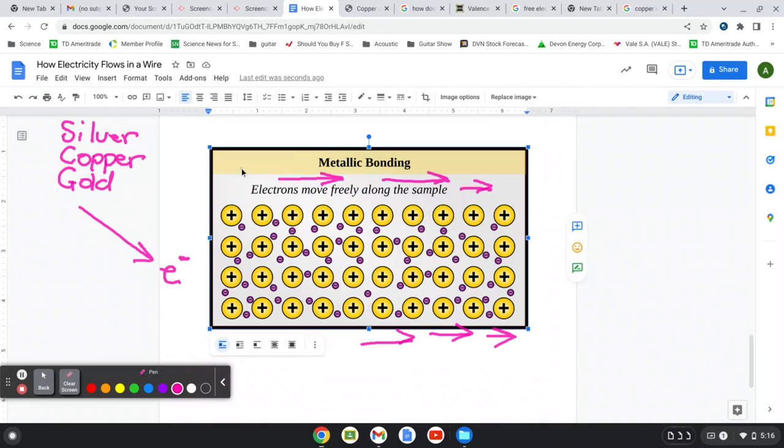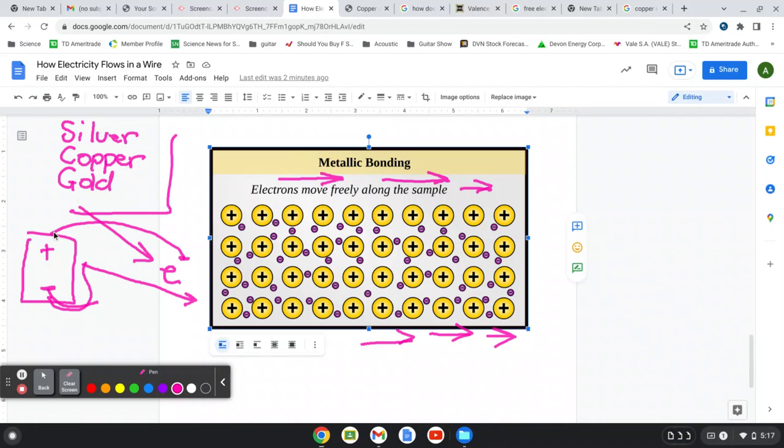So those are the conductors, and we know that in metallic bonding there are a lot of free electrons within the wire, and it causes these ions, which are also charged, and they're positive ions in the metal, as you can see here. And all it takes is electrons coming in from the battery. Let's make the battery here. It actually comes in from the negative side. Remember that the electrons come from the negative side before returning to the positive side.